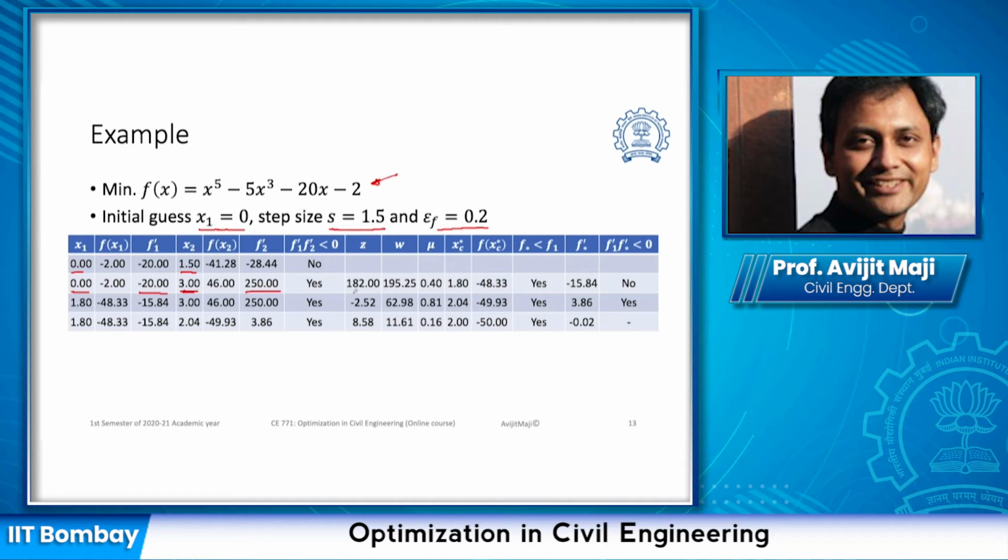Then we are estimating the z value, w, mu, and then we are estimating the optimum point for the cubic function, and for this particular point we are estimating the function value of the given objective function. Then we are checking if this objective function value is better than the objective function value of the first point, and it is very clear that yes, it is better.